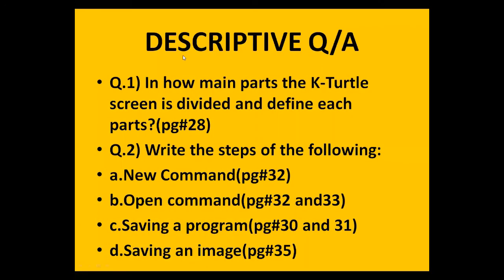Then you will do descriptive question answer. Question number 1, in how many parts is the KTurtle screen divided, and define each part. Question number 2, write the steps of the following: new command, page number 32, open command, page number 32 and 33, saving a program, page number 30 and 31, saving an image, page number 35.